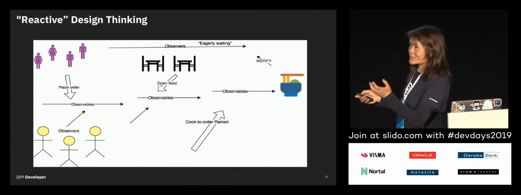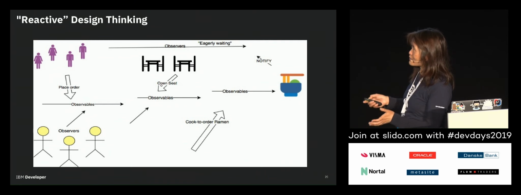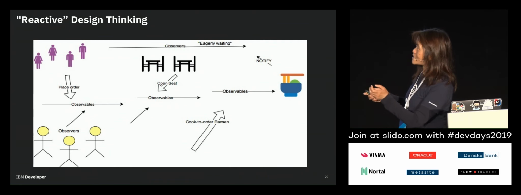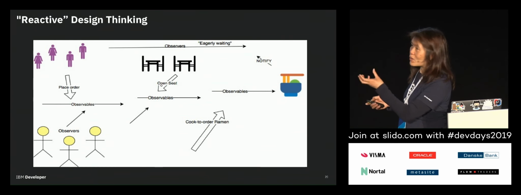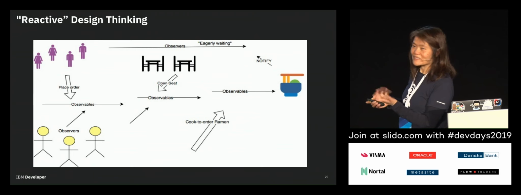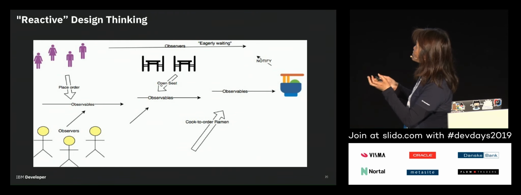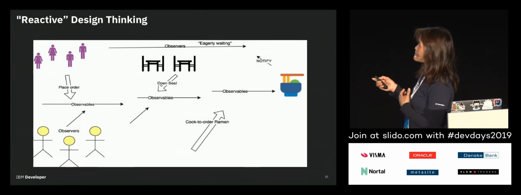Okay, there is a seat open. The waiter, the observer, sees that there's an order coming in and an observable from the seats. Put the two together, and now I can tell the cook to cook the ramen. When the ramen is being cooked, there's another observable coming from here: when the noodles are ready, it notifies us, hungrily waiting for the noodles.